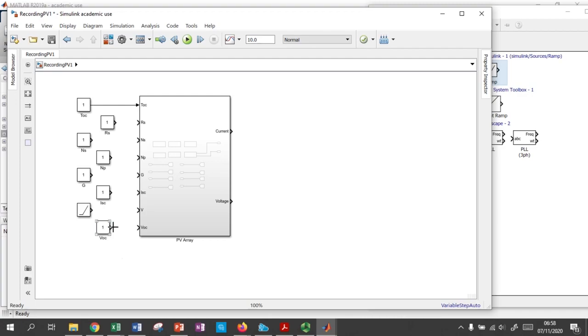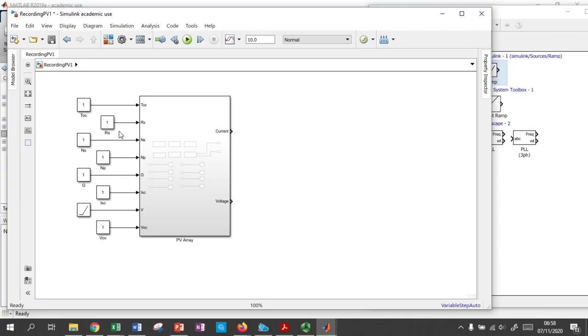Now we will start to connect them to the inputs. V is varied, and then IC, G, NP, NS, RS, and TOC.